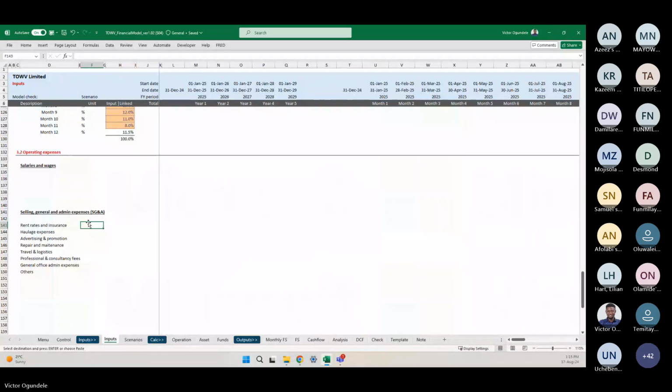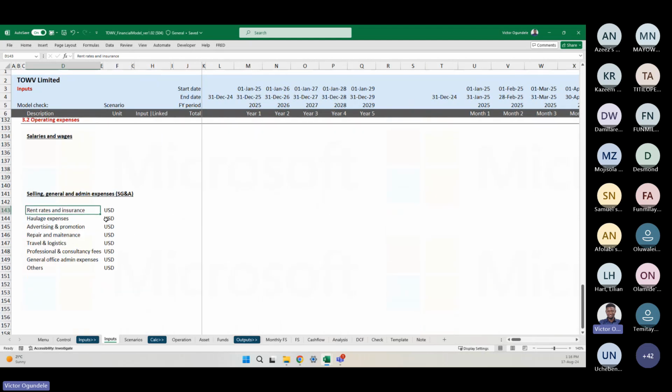So add our currency. Most times it's always good you state that USD per month, so that at least it's easy for the user to know.